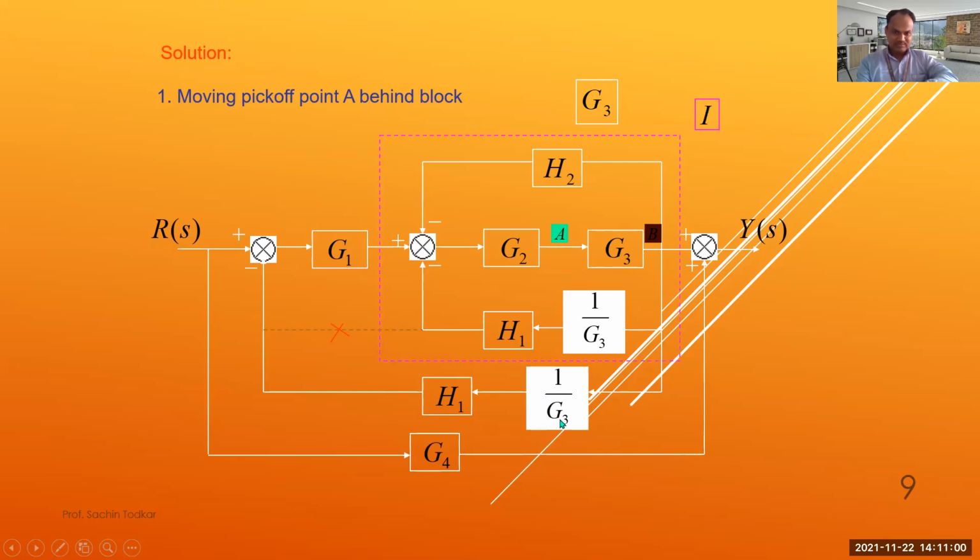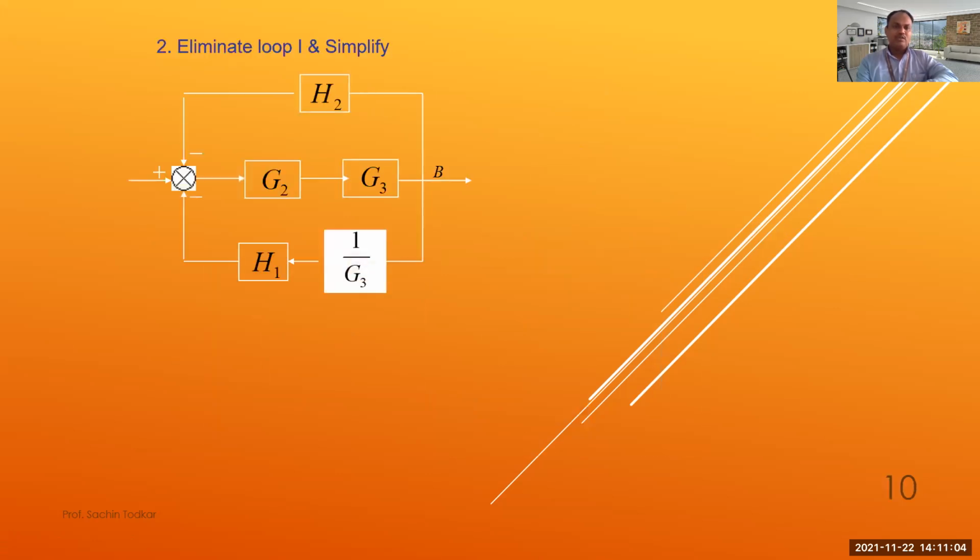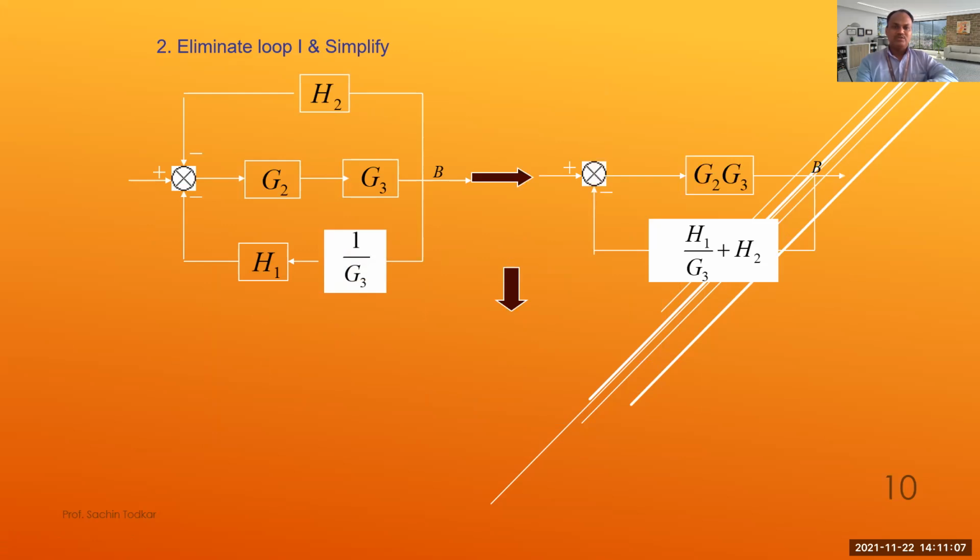This is the simplification of loop number 1, and loop number 1 will give you G2, G3 in series, and H1 divided by G3 plus H2. There will be addition because the negative sign is taken outside, so this will be added.